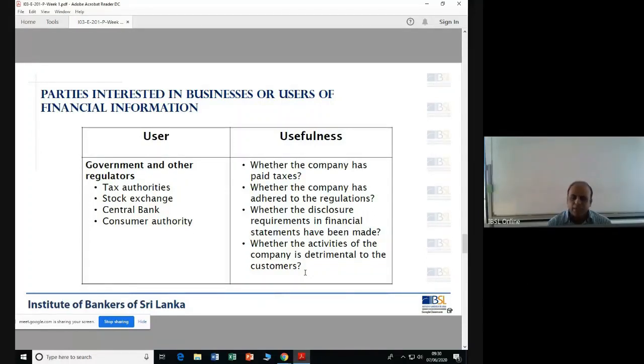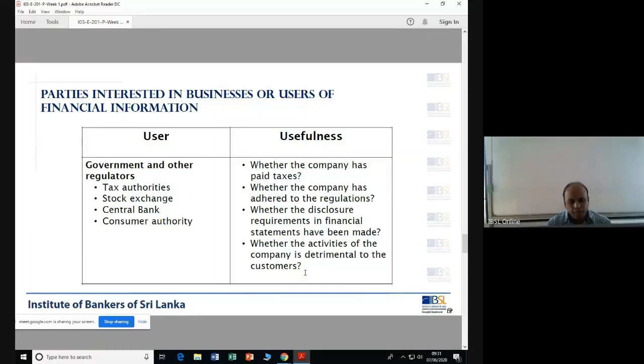The stock exchange is the place where the shares of companies are traded, where people buy and sell their shares. So they become a regulatory body. The stock exchange has a responsibility to caution companies when they are not performing well, because it might create ambiguity or a downturn in the stock exchange also.